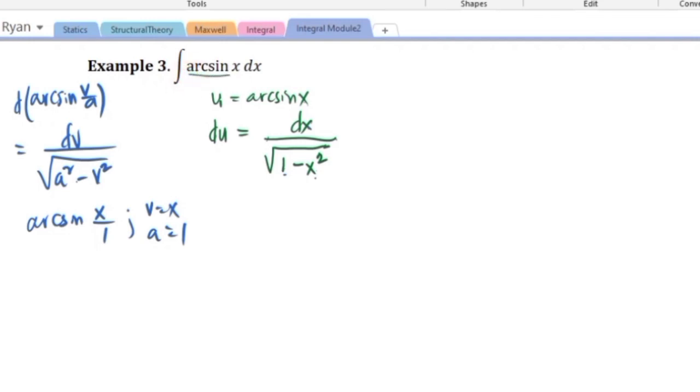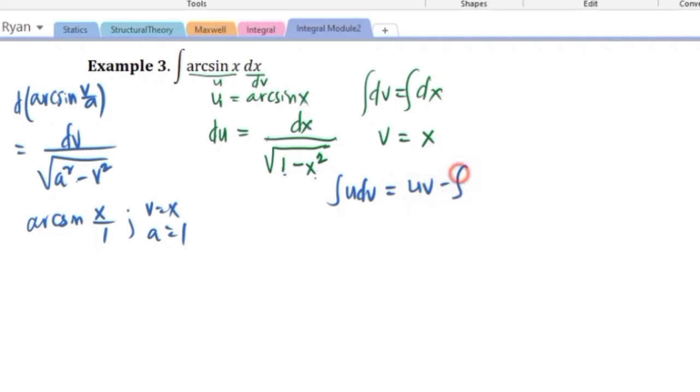So since ito yung u, meaning this part here is your dv. So dv is equal to dx. Taking the integral, v is equal to x. So from our formula, we have the integral of u dv is equal to uv minus integral of v du.